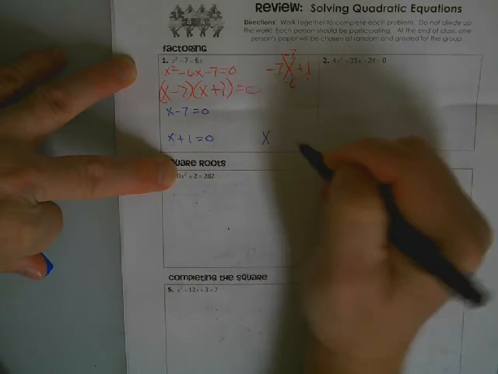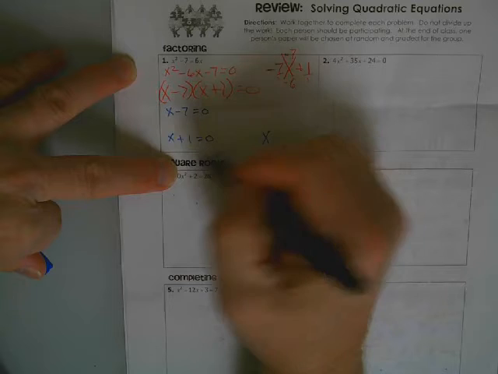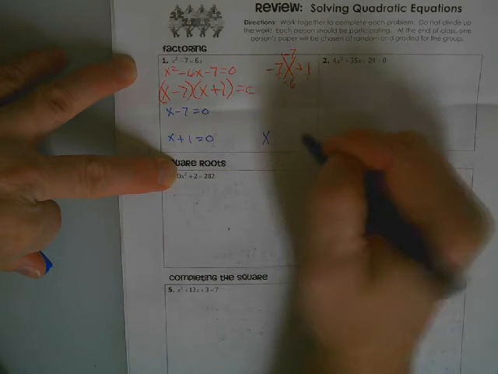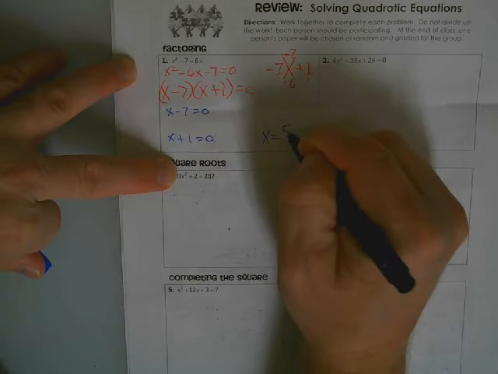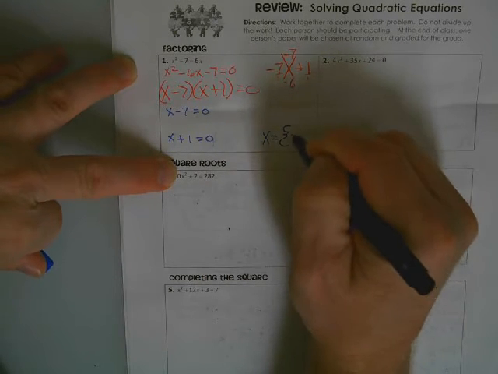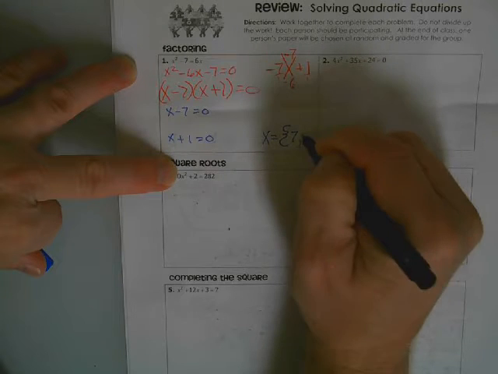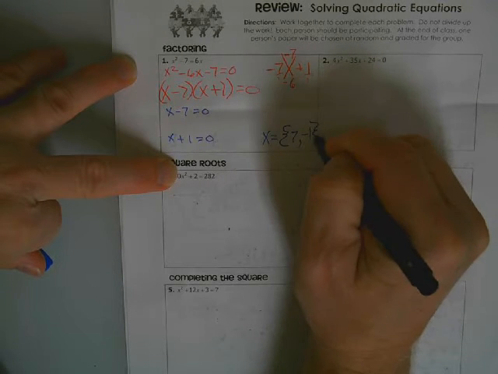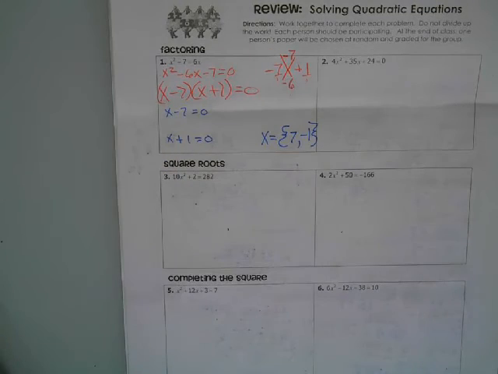And you add 7 to both sides, add 1 to both sides. So my x is equal to positive 7 and negative 1. Technically, I should have written those in the opposite order.